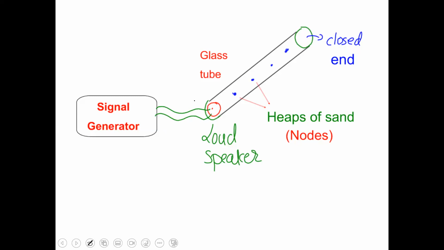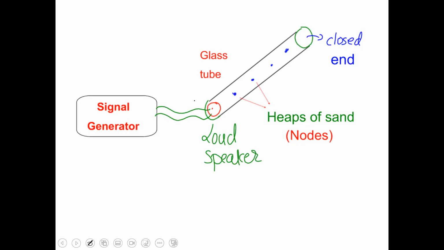The dust particles will be suspended at equal distance positions, which are the nodes. This is the apparatus to show that you measure the separation between two heaps, and that distance is lambda by 2.